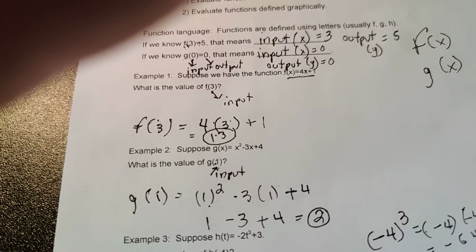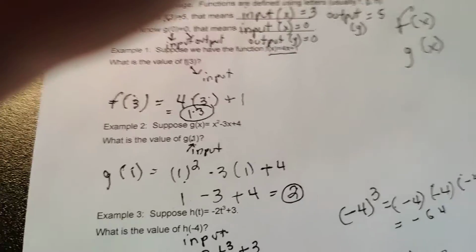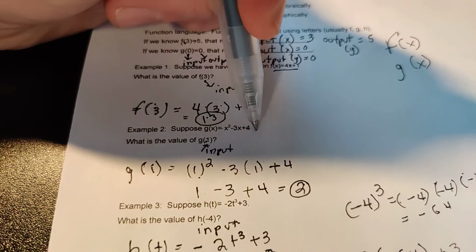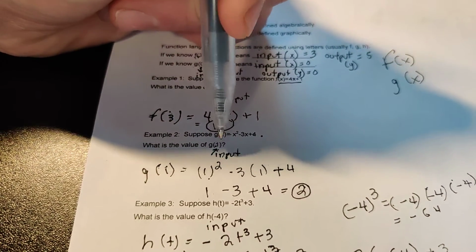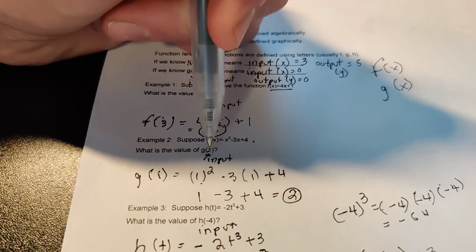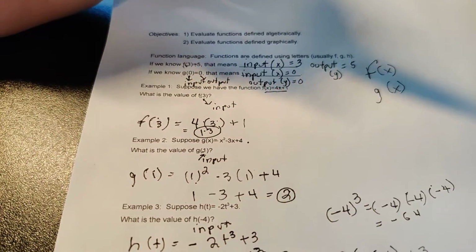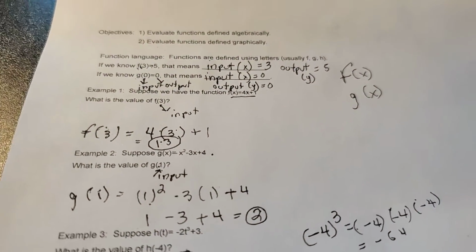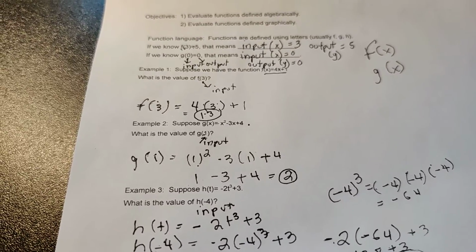So if you have a function and you have the function rule, like g of x equals x squared minus 3x plus 4, we're going to determine if this is an input or output. It's inside the parentheses, so it's an input, and therefore we're just going to substitute. And obviously be careful of order of operations and your signs when substituting. So that's evaluating a function algebraically.